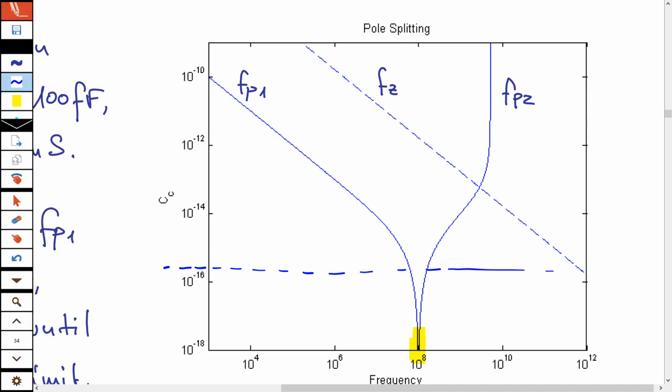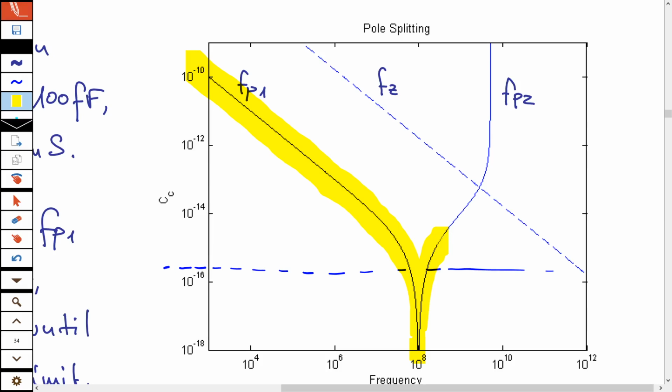The output pole, if I increase CC, will go up, and the input pole, the one at node 1, will go down. If you increase the CC more and more, so this is 1 picofarad, 100 picofarad, then it will just go down, down, down, down.